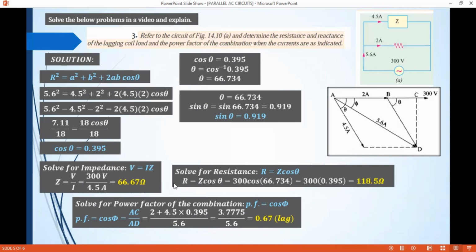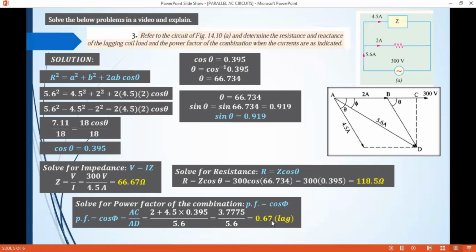For the AC, we have 2 plus 4.5 times 0.395, all over the AD, which we already have as 5.6 amperes. So 2 plus 4.5 times 0.395 is 3.7775, over 5.6.